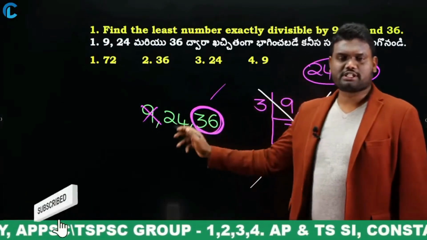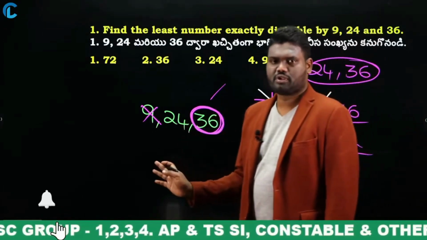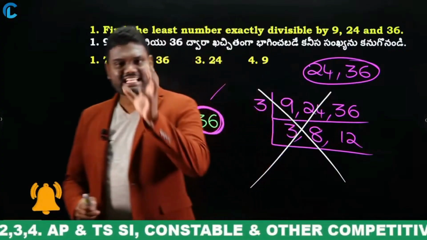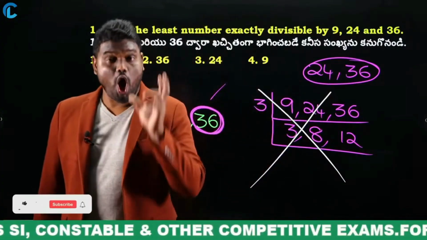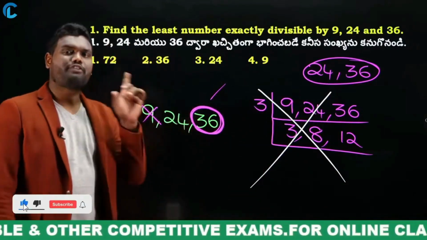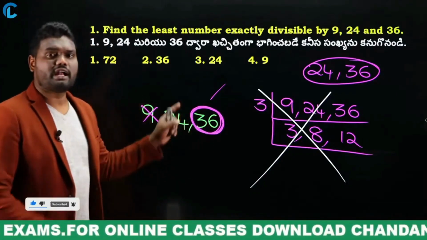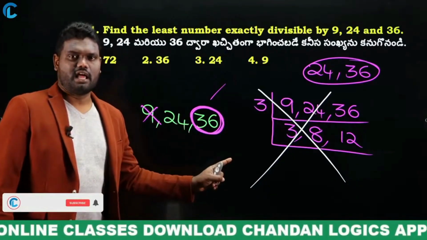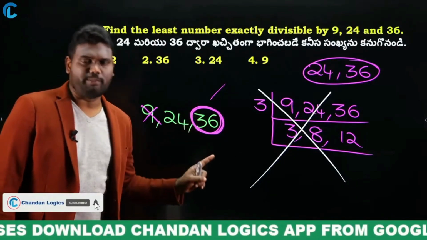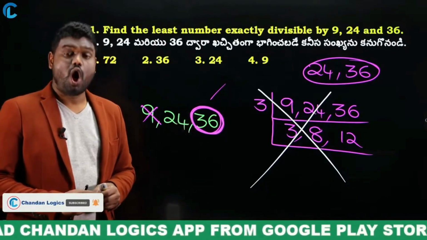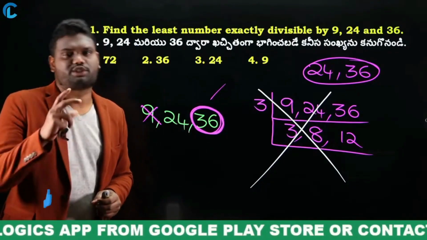So first of all, you need to know what is the highest number. Most of the times the highest number will be your LCM or else multiples of the highest number. That's it. Simple point. Now here the highest number is 36.